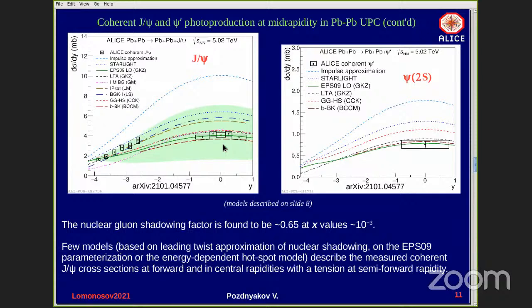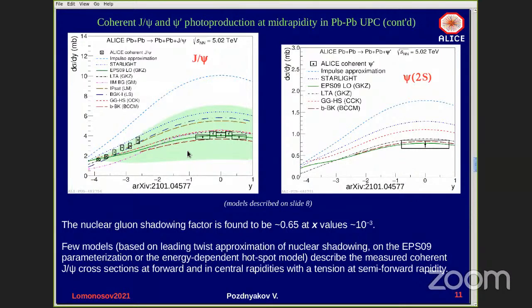So we conclude that a few models are in the game to describe the data, but it's interesting what's going on here. That's why I mentioned that we have some tension at semi-rapidity and semi-forward rapidity, but we have no data here. But in principle, neither this data nor this one are in disagreement with the calculations.